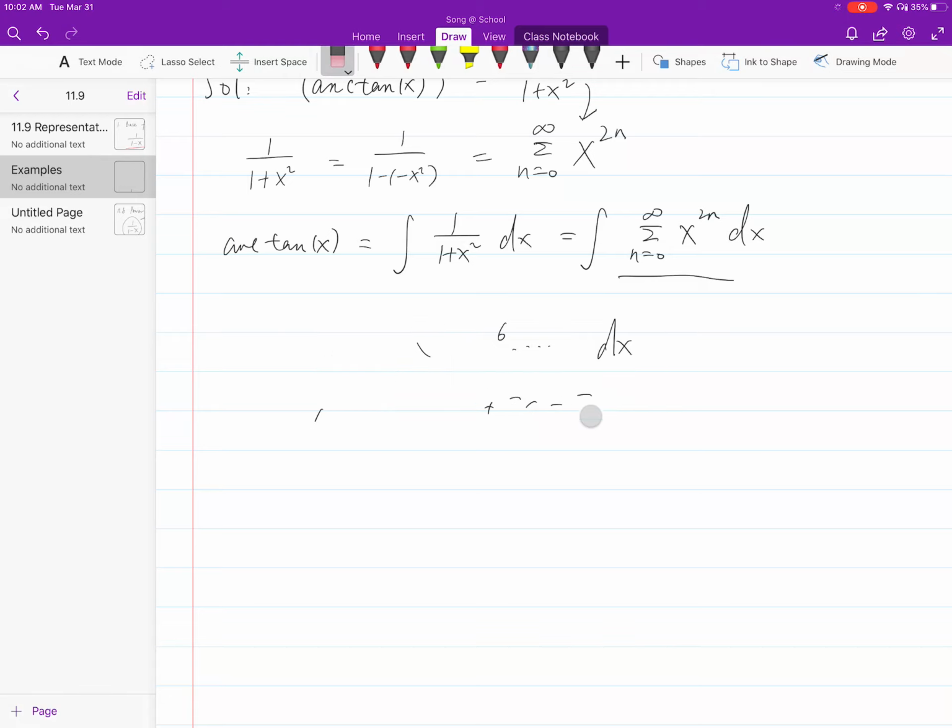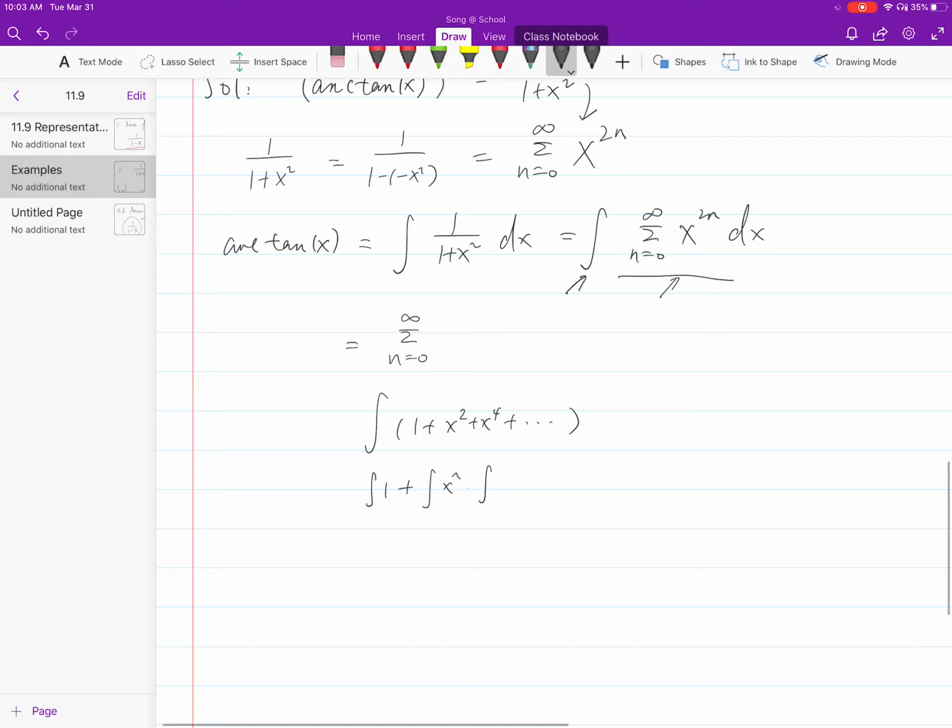So what we can do is we can interchange the sum sign. Okay, be careful with what I say. You can do the sum first, then you do the integral. And then we claim it's the same as doing the integral of each one, and then take the sum.